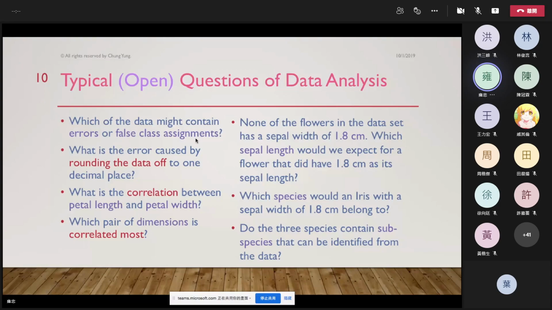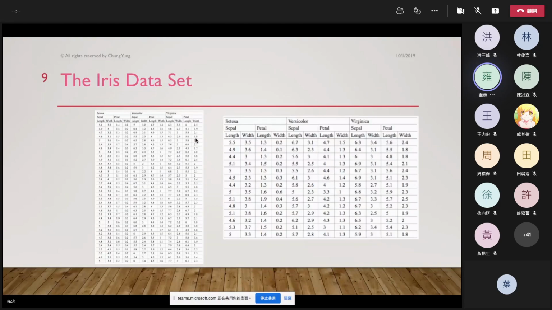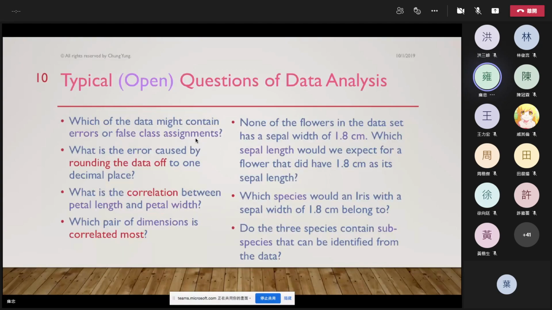What is the correlation between petal width and petal length? Well, you look at the data by yourself and see if you can come up with any observation. Okay, I'll let you do it. Which pair of dimensions is correlated the most?